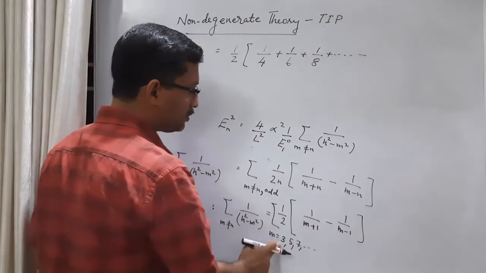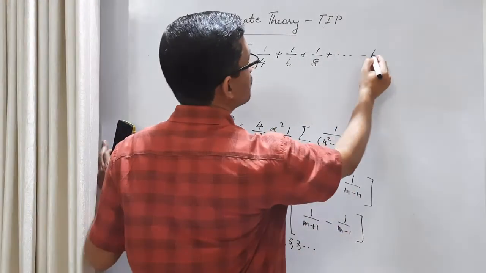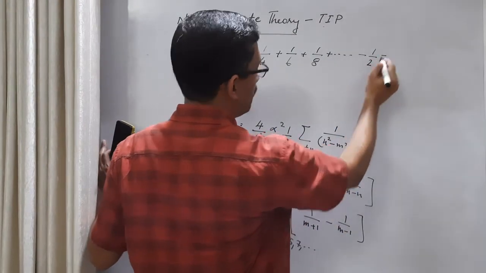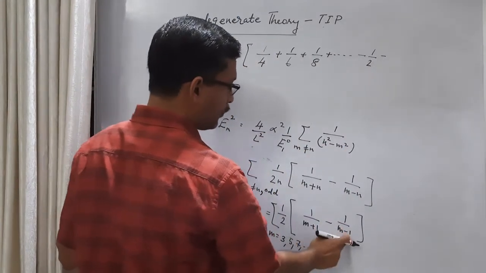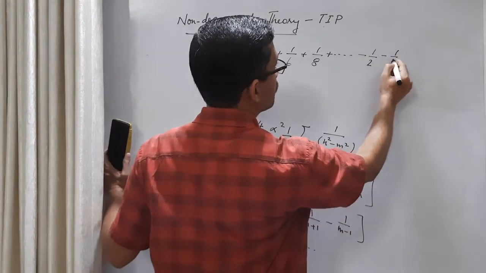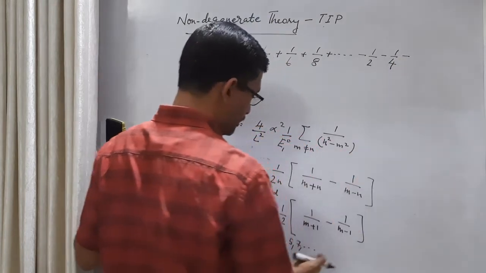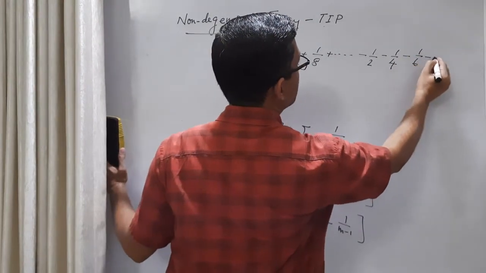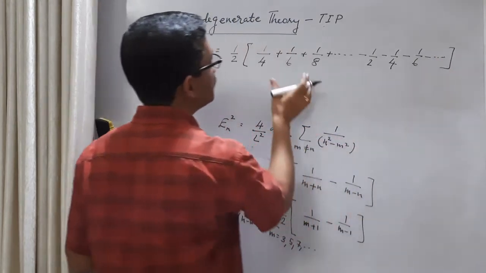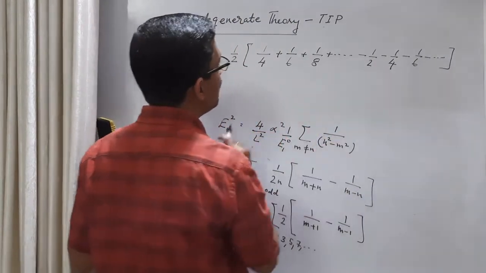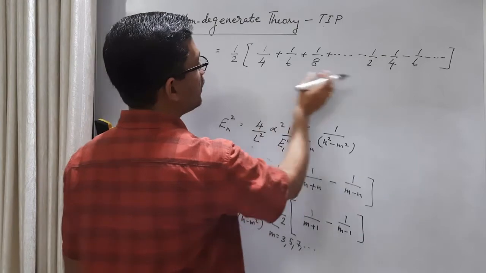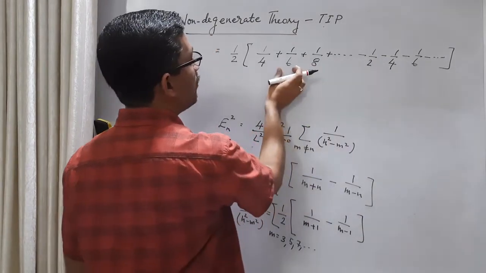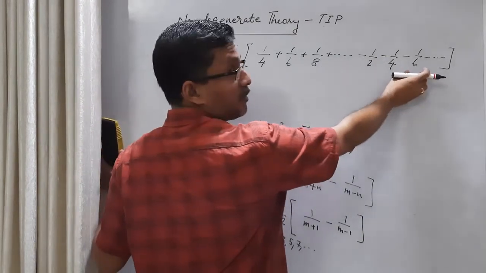Put m equal to 3. So 3 minus 1 is 2, minus, next is 5, 5 minus 1 is 4, minus 7 minus 1 is 6, minus etc. So this is a series. But you see that there is a 1 by 4 here, there is a minus 1 by 4 here. 1 by 6 here, minus 1 by 6 here.